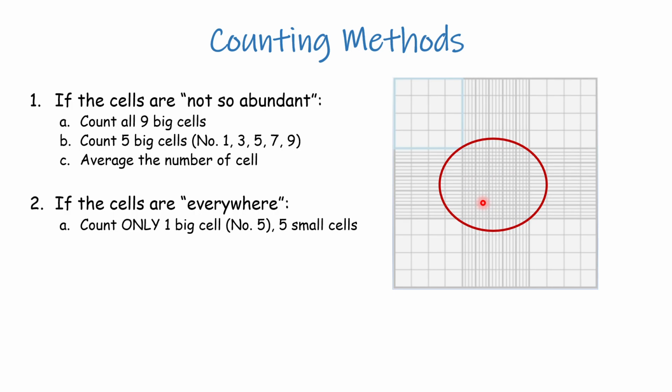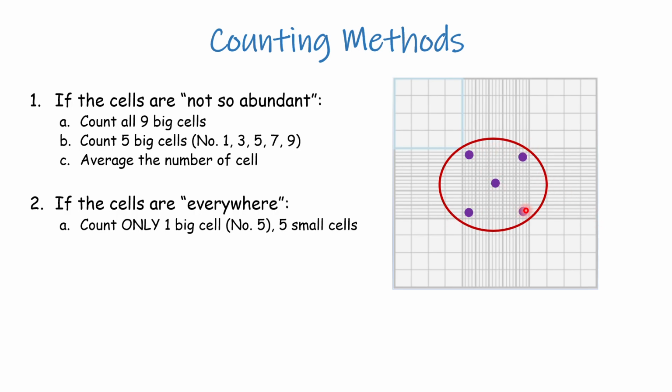But if it's too much for your eyes and you don't really want to waste time, you can just count 5 cells from this big cell, okay? And the location is dotted with these purple circles, okay? So just count 5 cells, not at random, at these places.